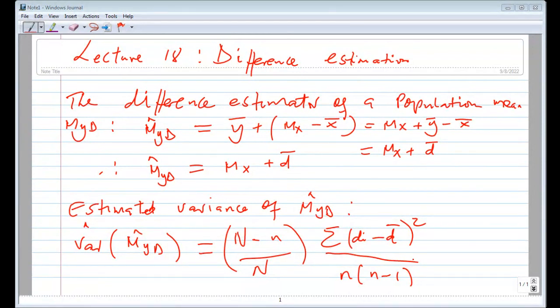So this is the estimated variance of the estimated population mean under difference estimation.